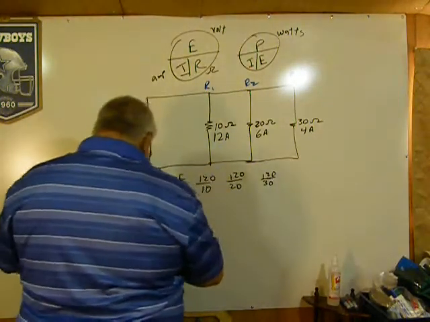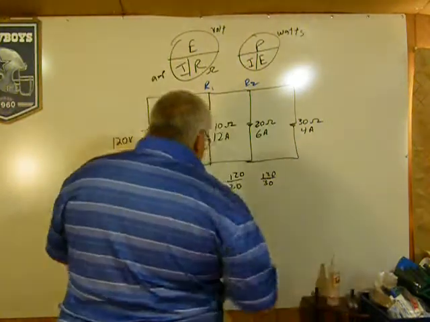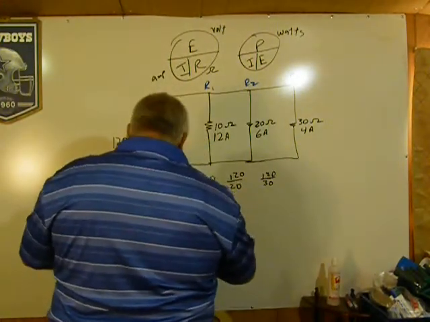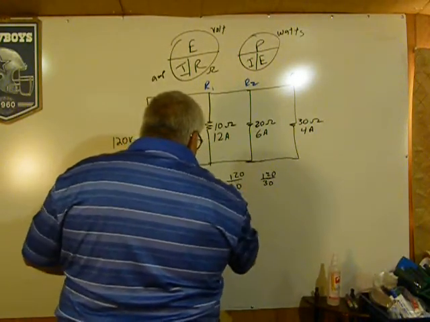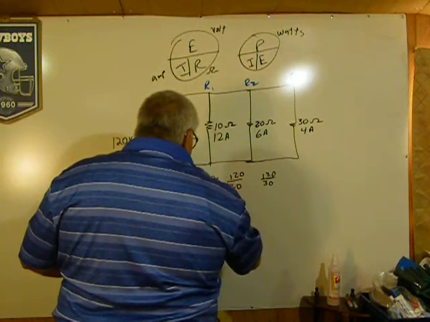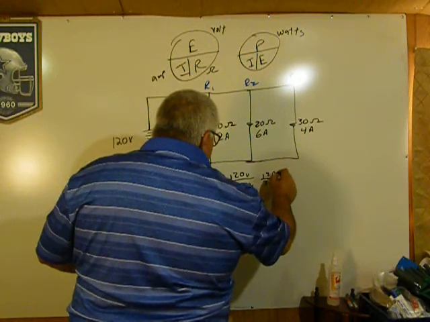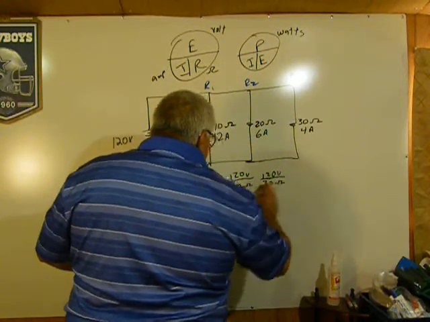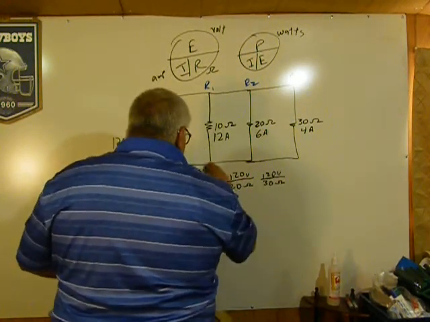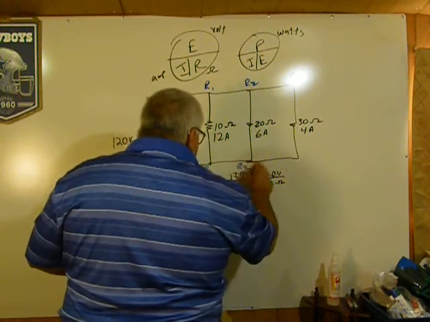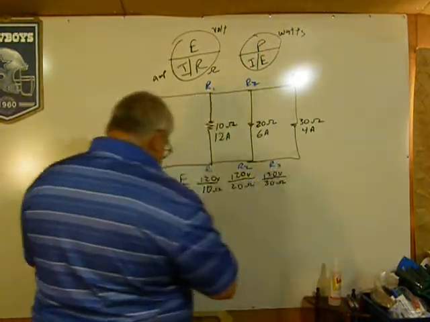So this is volts, ohms, volts, ohms, volts, ohms. This is R1, R2, and R3.